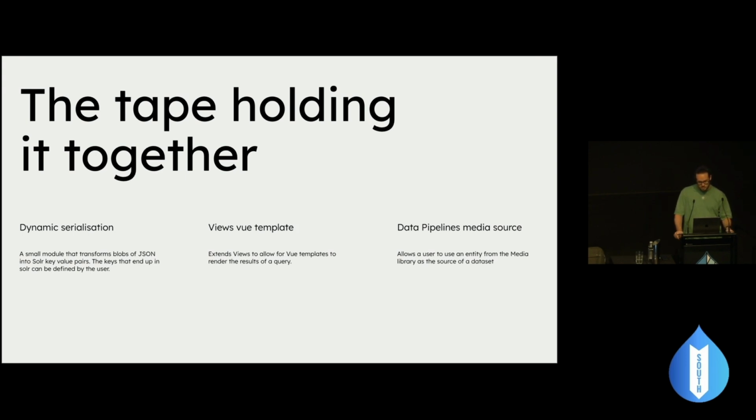We created a views display module that allowed you to spit out a Drupal view as a Vue.js component. And instead of using static files inside of data pipelines, we created a new source for media items, so the client didn't have to constantly go and update their pipelines. They could just update the media item and press process.